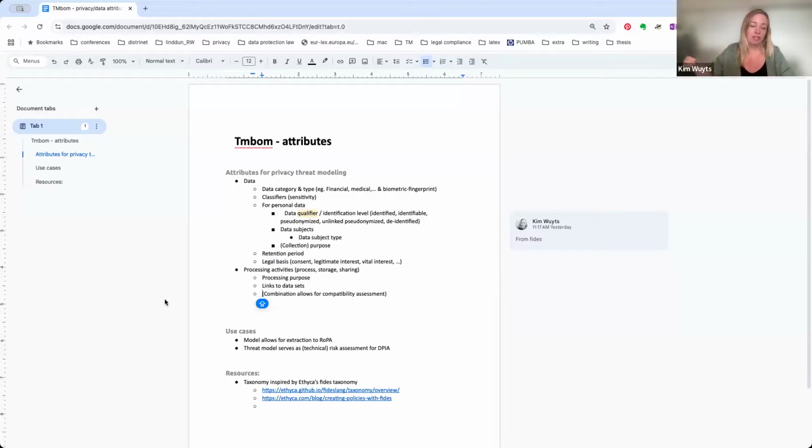The purpose of collection. So you use personal data, you bring it into the system, and you do that because you need that for a specific purpose, whether that's marketing, or just some specific business reason. Ideally, you document that, and that should then be always in line with the purpose you have for processing.